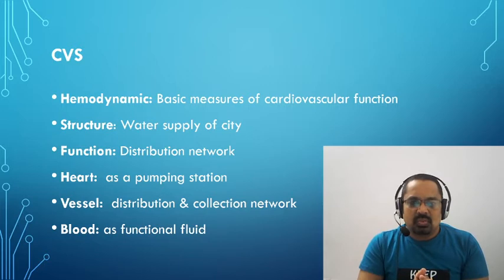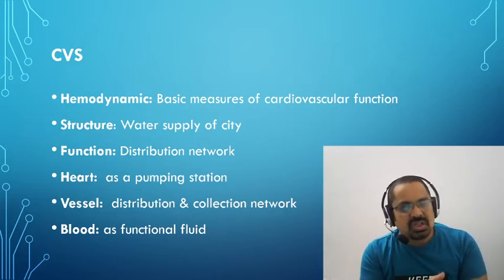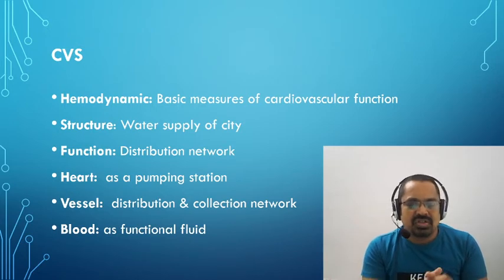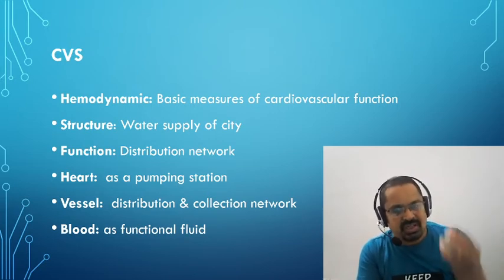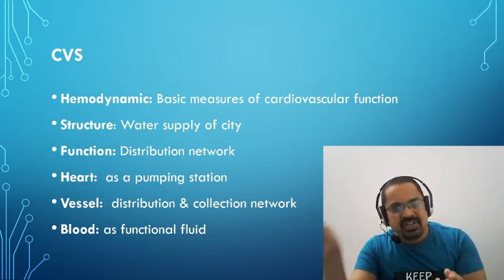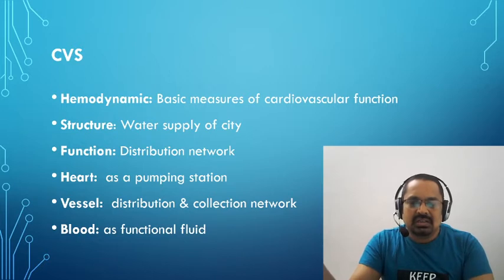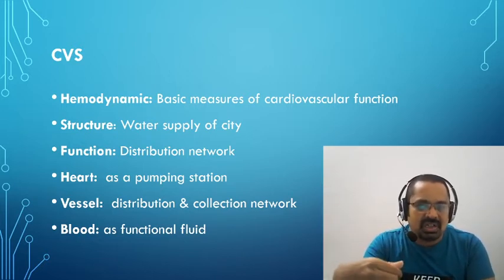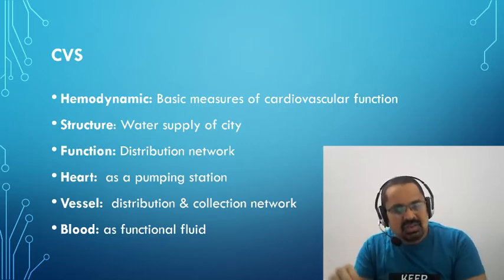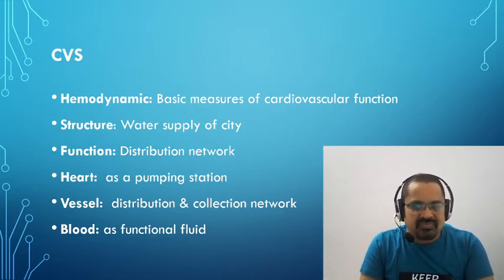One distribution system we call the systemic circulation, and one purification system we call the pulmonary circulation. The blood coming from the superior and inferior vena cava is fed to the lungs, and after purification, after oxygenation, the blood coming from the lungs is fed to the systemic circulation.